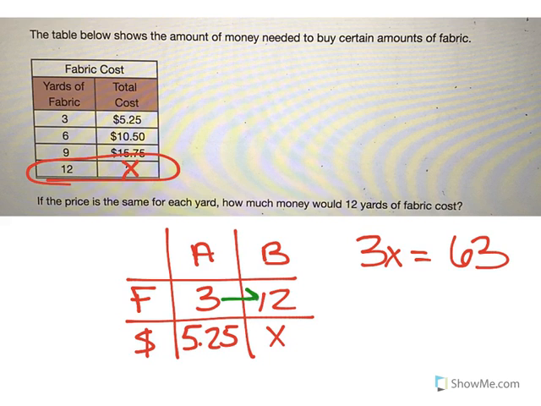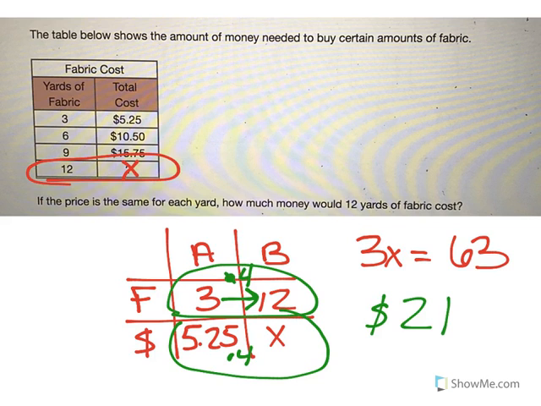I could say, how do I go from 3 to 12? Times 4. Whatever you do here, we're going to do here. So $5.25 times 4 is $21. So again, hopefully I've shown you that there are multiple ways we can solve a problem like this: find the unit rate, which was $1.75, or set up the proportion table and solve it that way.